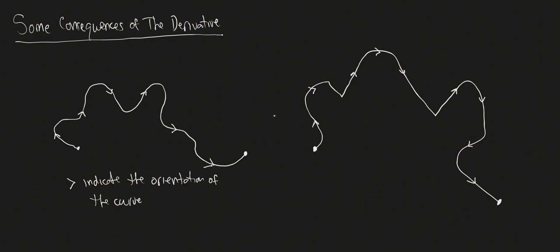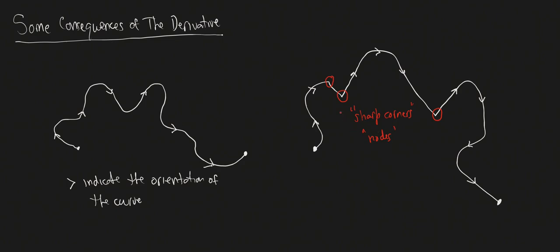There's one thing about this curve that stands out, and it's the existence of what we might refer to as sharp corners, or nodes, if you will.